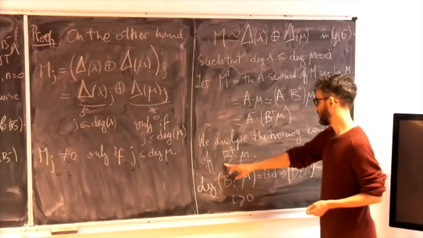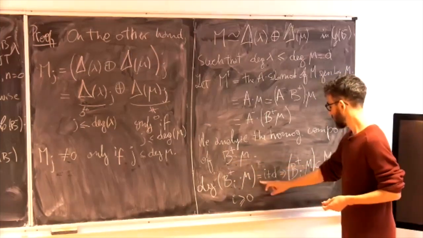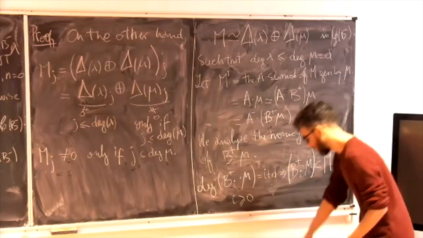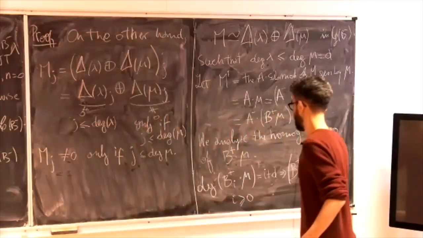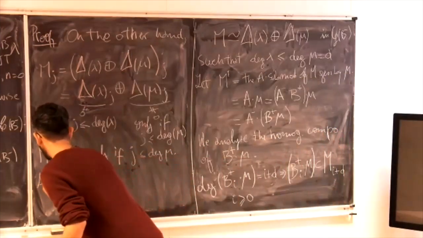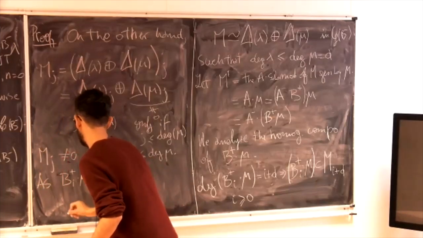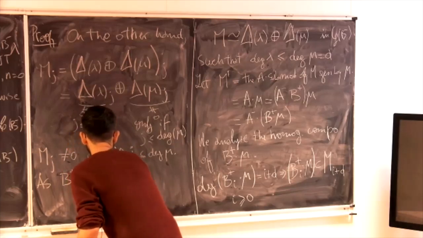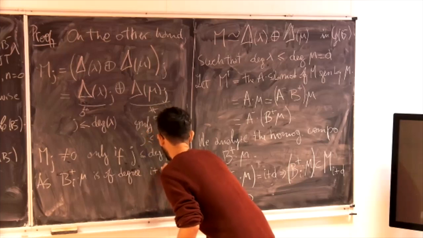And on the other hand, when we act by B plus on mu, we obtain things which are in degree bigger than the degree of mu, which is D. So this will be 0, as B plus of degree I acting on mu is of degree I plus the degree of mu.